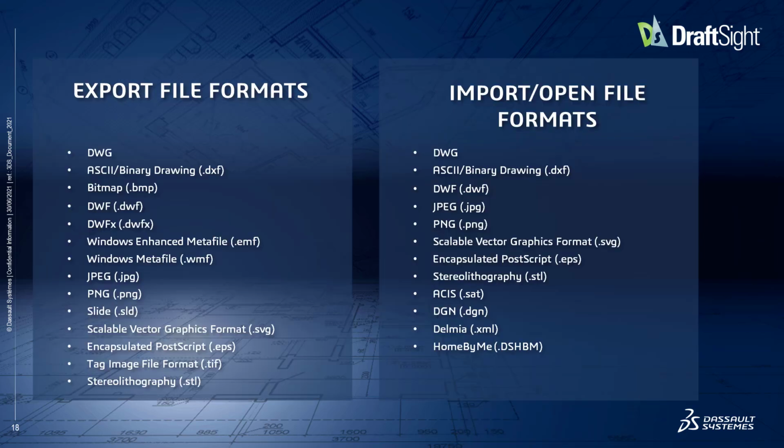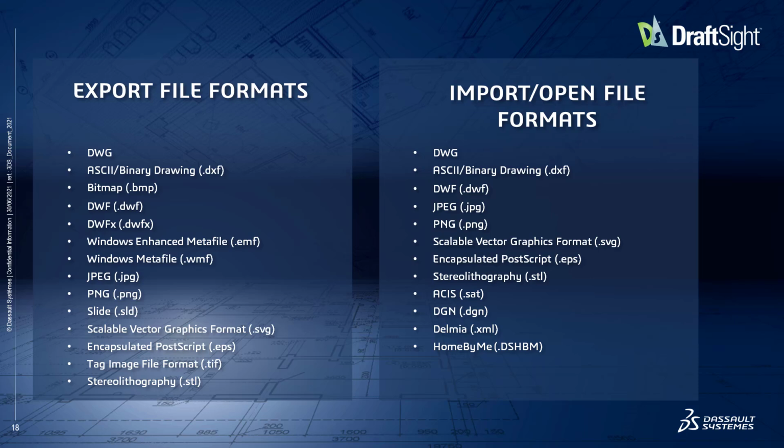And looking here, you can see the file formats that DraftSight can export files as. Highlighted in that list is DWG, which is kind of the powerhouse, as well as DXF, DWF, and STL files. So you really get that 2D and 3D capability with DraftSight. And now on the right side, you have the import or open file formats.